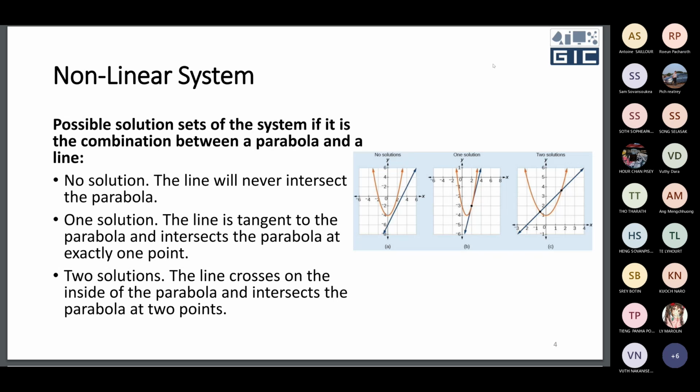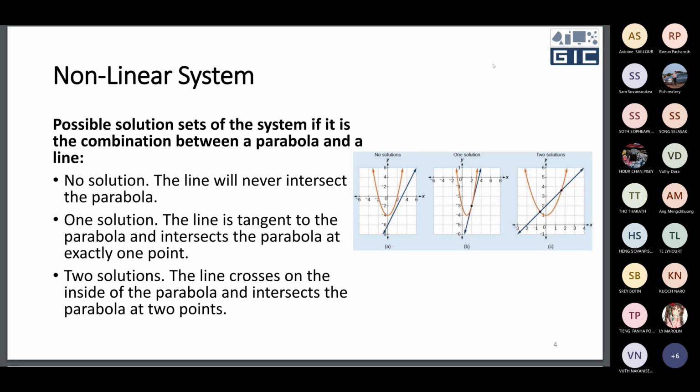So those combined together give you a nonlinear system. And the solutions of a nonlinear system are not so different from the previous sessions, where a linear system can produce no solutions, exactly one solution, or multiple and infinite solutions.